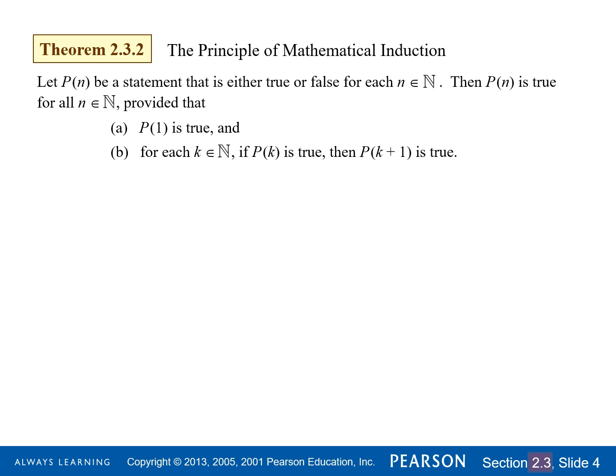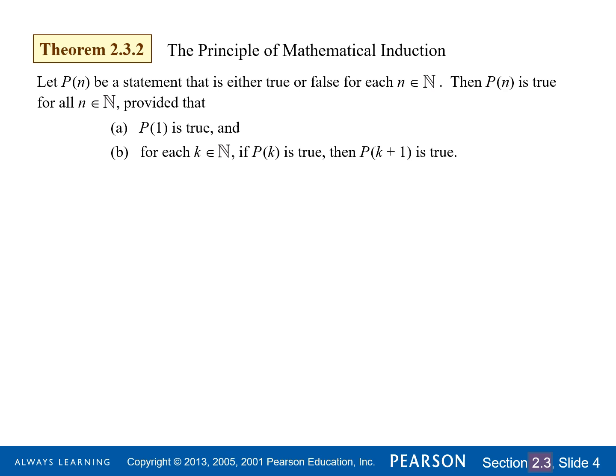Okay, so why 1 here? Because our case refers to the natural numbers, and the first natural number is 1. That's why we need to show that the first case is true, which means P of 1 is true.